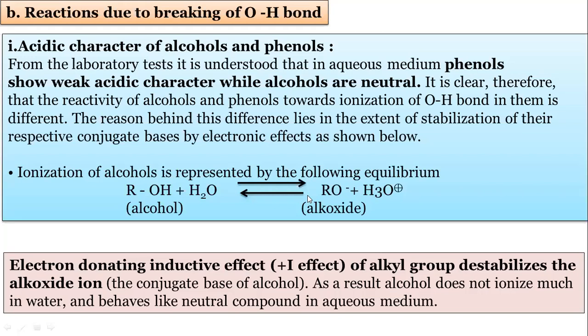Then next one, reactions due to the breaking of the O-H bond. I will explain here. Alcohols, when in aqueous condition, give alkoxides. Alcohol plus water gives alkoxide plus H3O+.